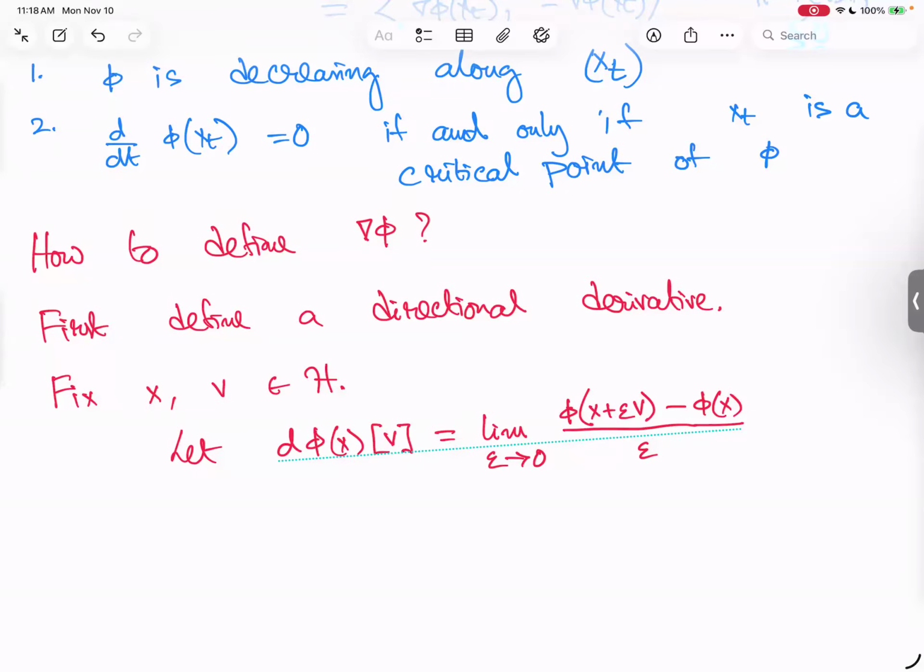This is similar to that. What this is really saying is that you have x here, and you draw the line x plus epsilon v, the line in the direction of v, and along that line you take the derivative of the function phi with respect to epsilon, this one single parameter. Now assume that this exists for every v.